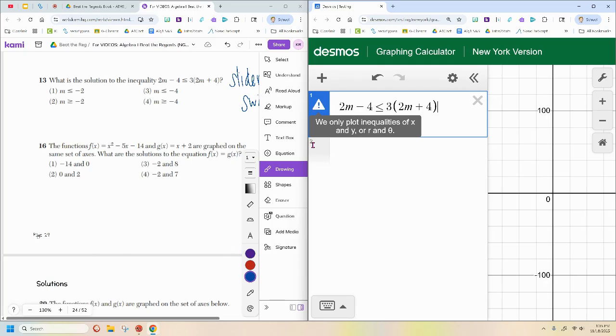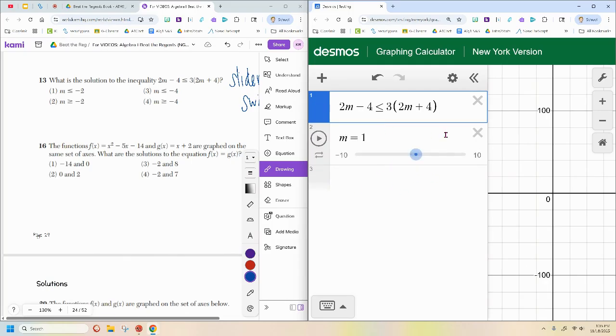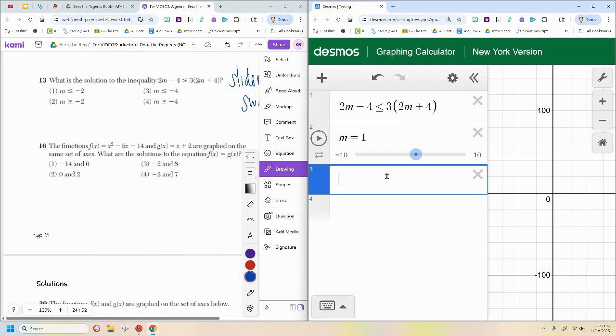You're like, okay, well, let's see what happens when we add a slider. Let's go down to the choices. If I put m is less than or equal to -2, okay, it looks like sliders are not the way.